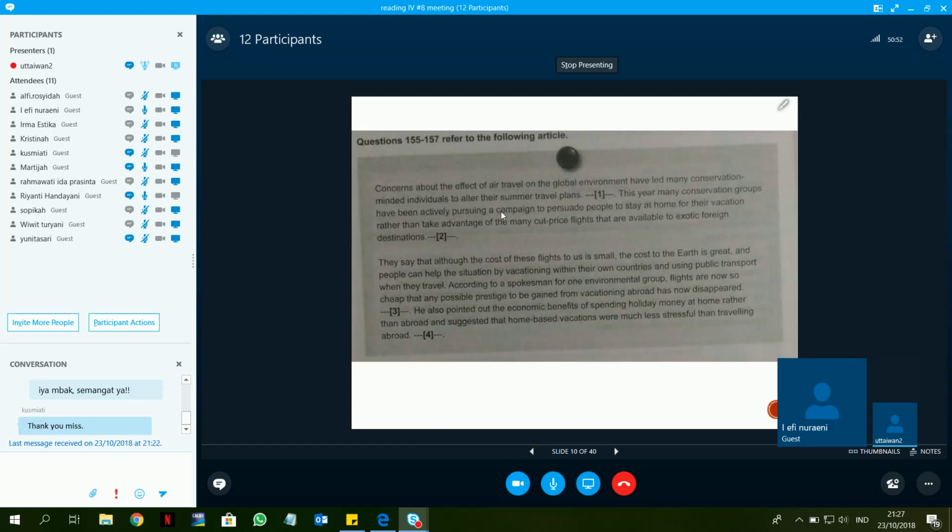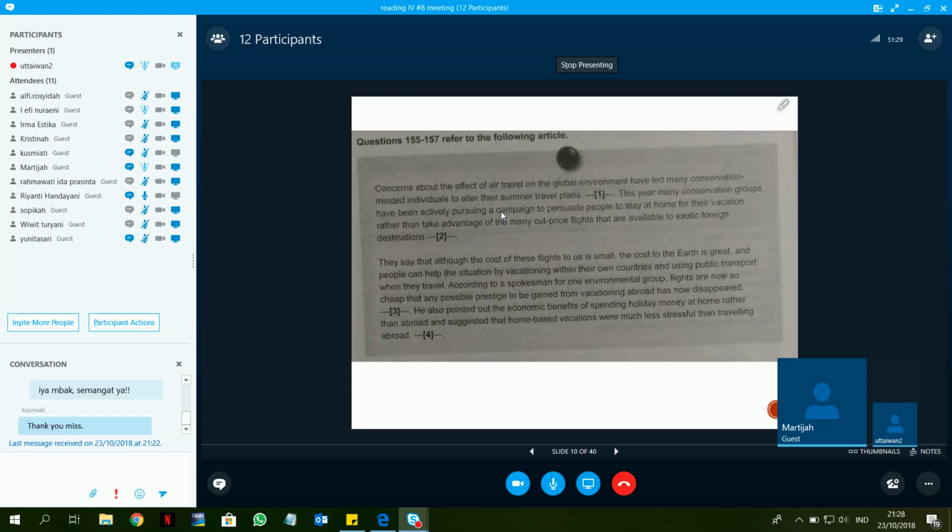Ada yang membacakan paragraf pertama? First paragraph, please. Okay. Concerns about effect of air travel on the global environment have led many conservation-minded individuals to alter their summer travel plans. Iya, jadi nanti tuh ada kalimat yang bagusnya dimasukkan di nomor berapa.